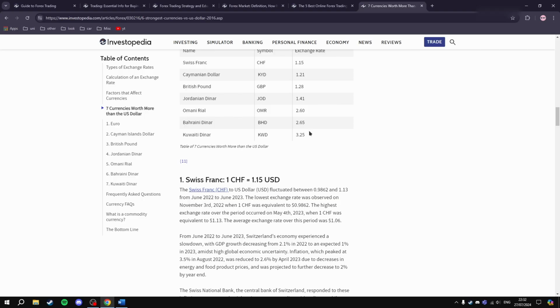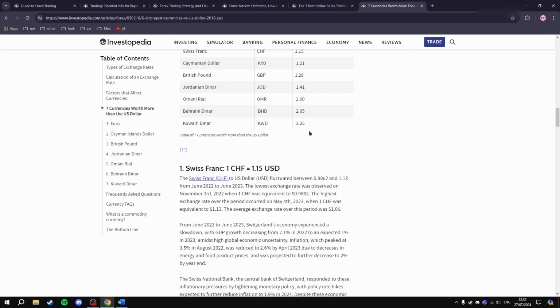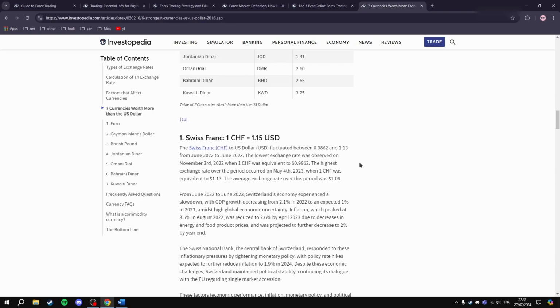Omani rial, 2.6. Bahraini dinar, 2.65. Kuwaiti dinar, 3.25. Excuse the poor pronunciation.